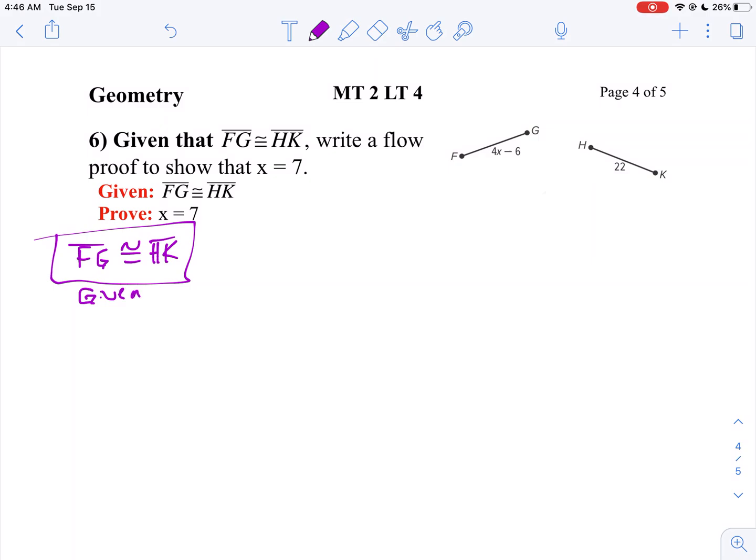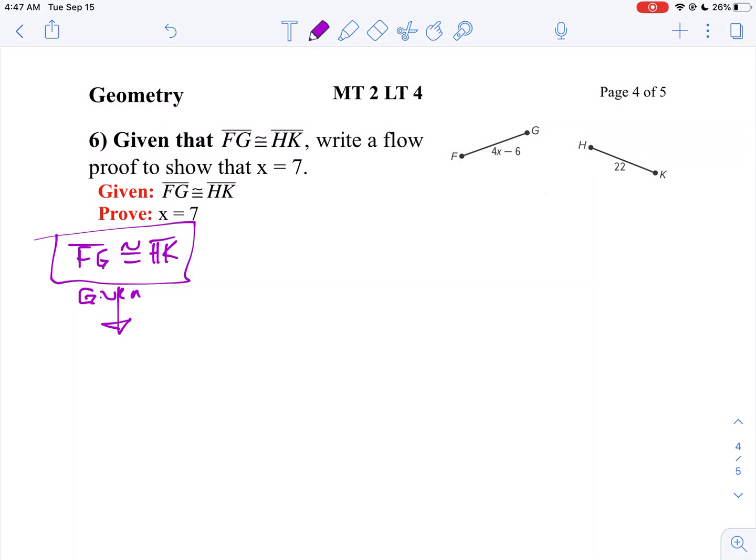Now, your mind will go to the next one. Not yet, because I'm going to show you, but anytime you have a congruent statement, you can change that to an equal sign. Notice, we're given a congruent, but we want to prove equals. So we have to change this congruent sign to an equal sign. Anytime you see a congruent sign, you could automatically change it to an equal sign. Shapes are congruent. Numbers are equal, or distances are equal.